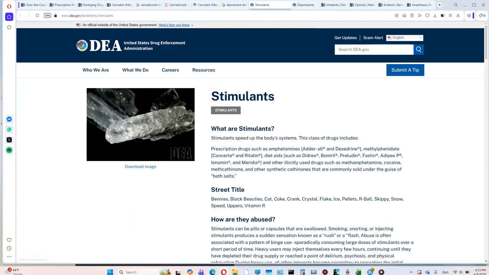From the United States Drug Enforcement Administration. Stimulants. What are stimulants? Stimulants speed up the body's systems.